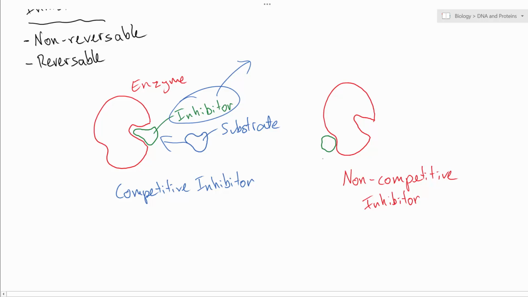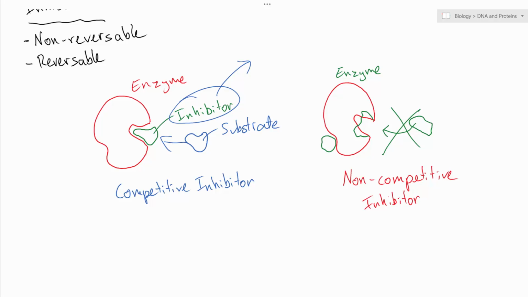So not on the active site, but they're going to bind to a different site on the enzyme. And what this is going to do is affect and change the shape of our active site because it's going to twist and bend the enzyme. So if this occurs, then our substrate is not going to be able to make its way to the active site and bind because the shape of it has been changed by the non-competitive inhibitor.